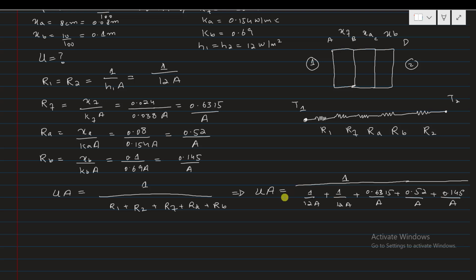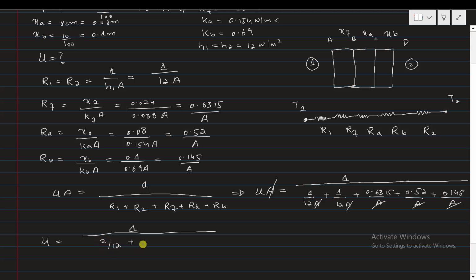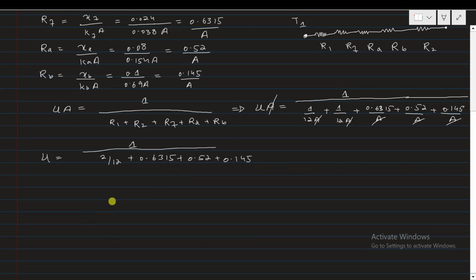Now take the common A and divide by it. So this A will be cancelled out with each of the terms of A. So you will get the overall heat transfer coefficient as 1 divided by 1 by 12 plus 1 by 12, which becomes 2 by 12, plus 0.6315 plus 0.52 plus 0.145. After simplification, you will get the overall heat transfer coefficient U, that is 1 divided by 1.4635.